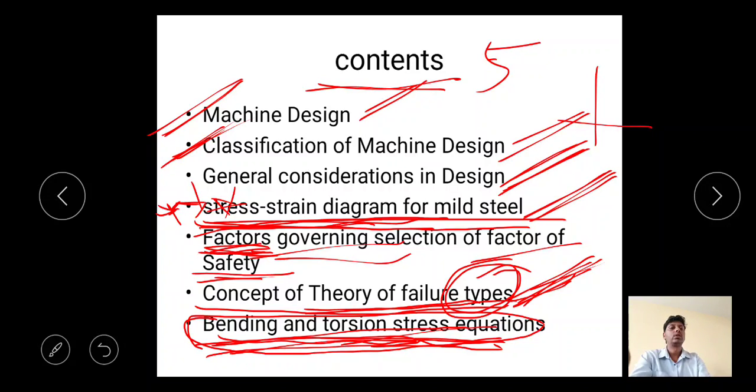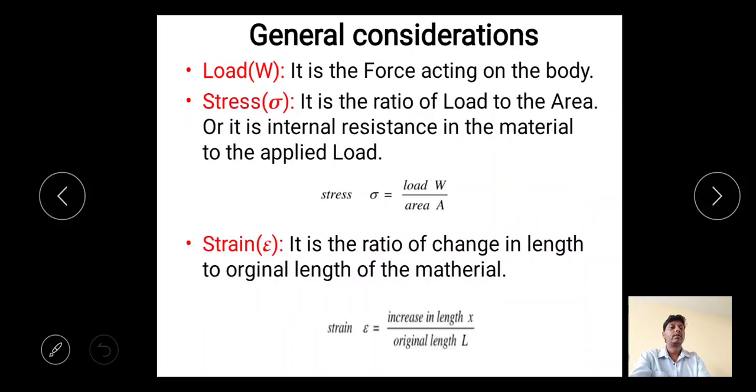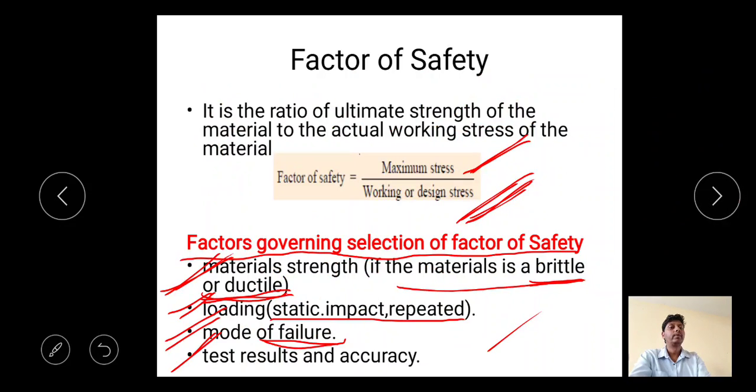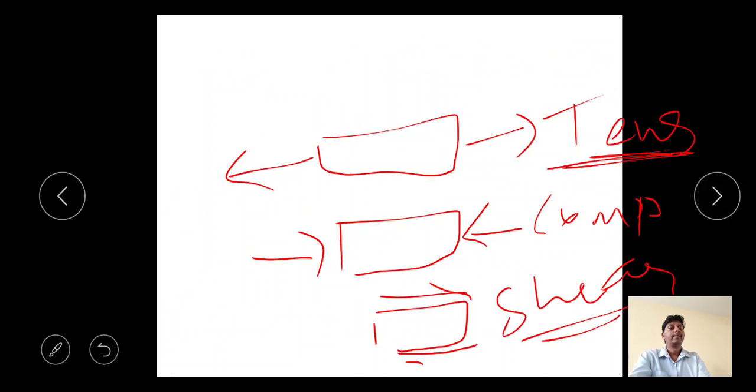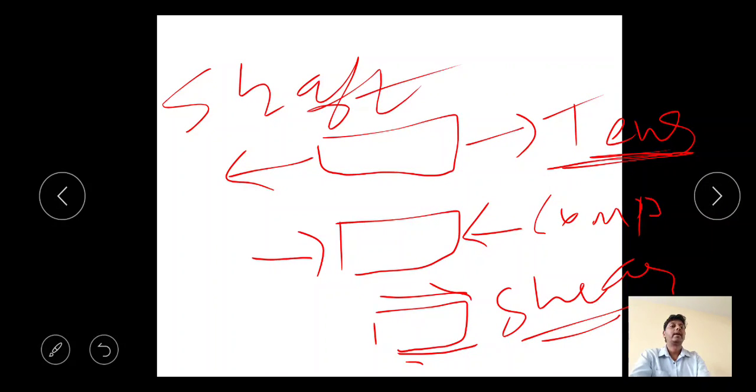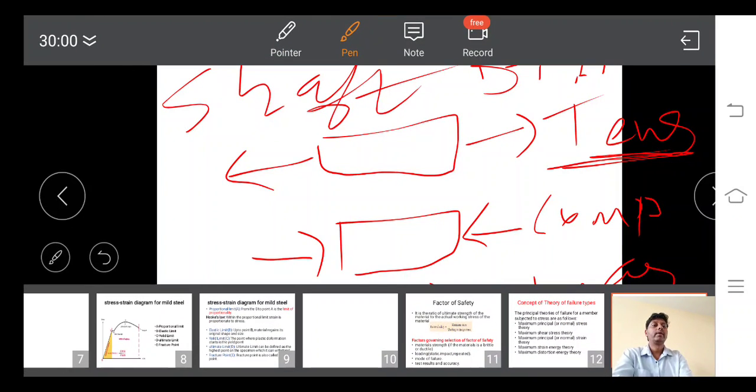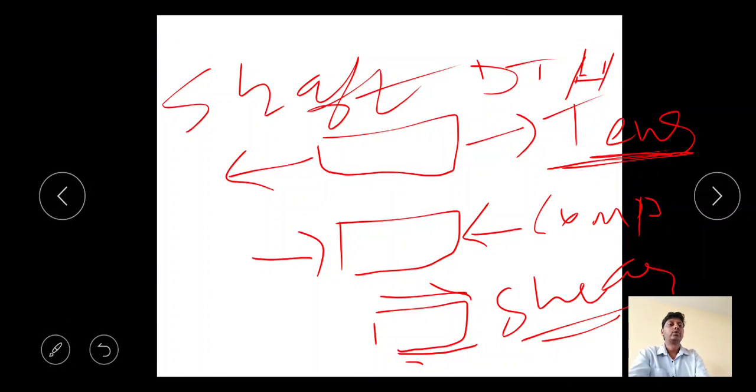Just go through this, make your own notes and start studying. In the next chapter we will be taking shaft. For this you require a data handbook. Whenever you are watching a lecture, you should have a data handbook, by Mahadevan and Balveer Reddy.